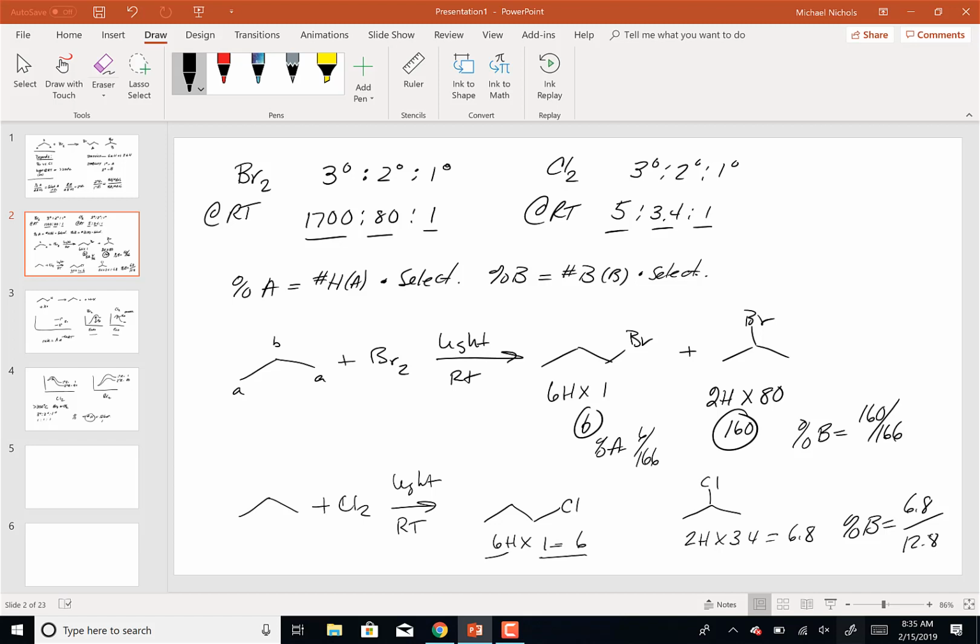So the best I could do for that reaction is a 75-25 ratio. Which means there's no way for me to form 100% of A. I'm still going to get 25% B.